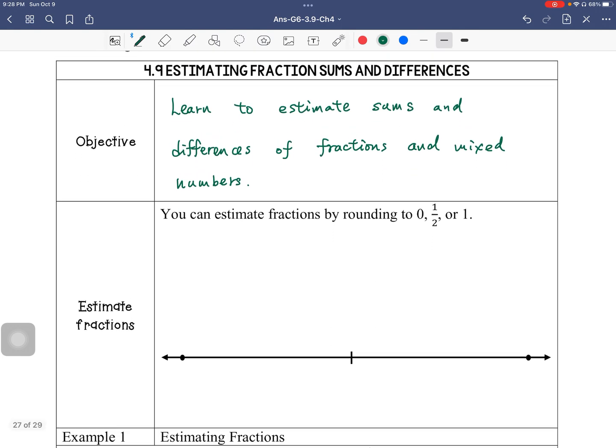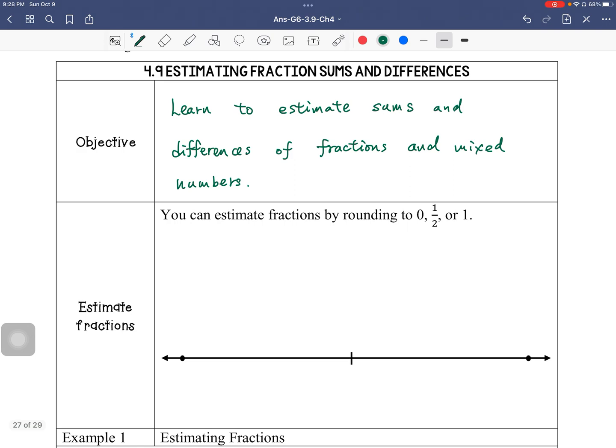Now we want to estimate fractions by rounding them to 0, 1/2, or 1. So how do we estimate fractions? Here I have 0, a half, and 1. Between 0 and 1 there is half.